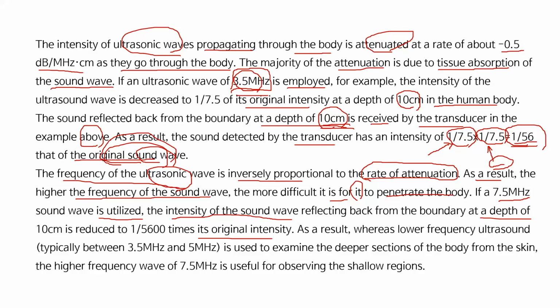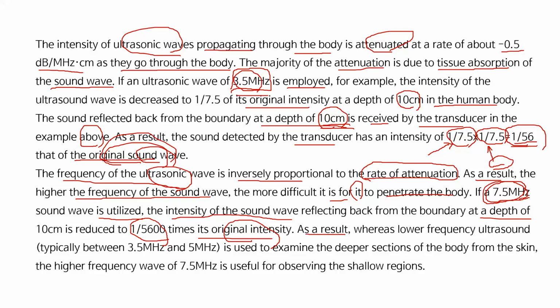But in the case of 7.5 MHz sound wave, we can have just 1/5600 of the original intensity. So the signal will be very small, so it's hard to make an image using this data.